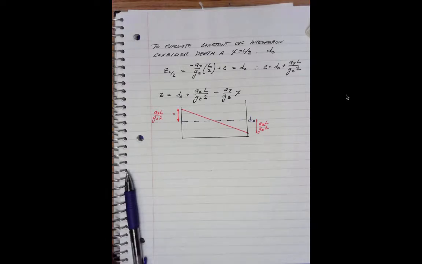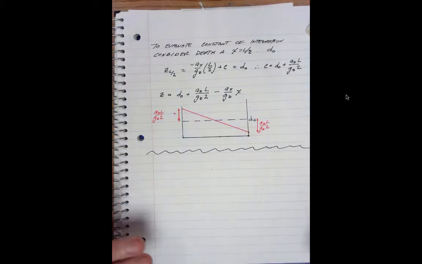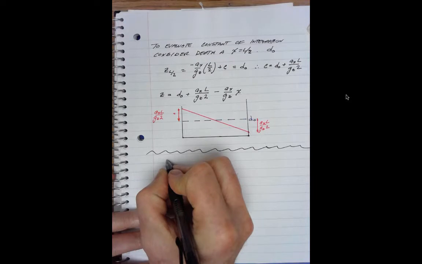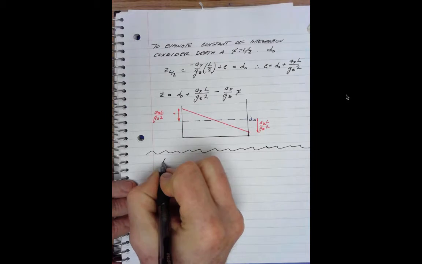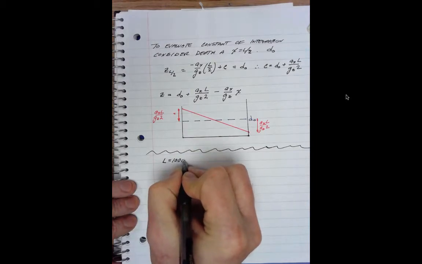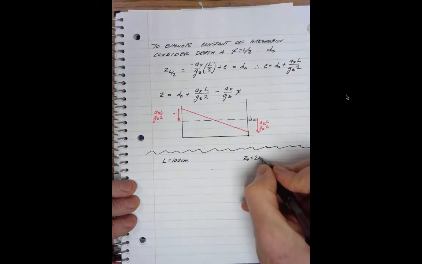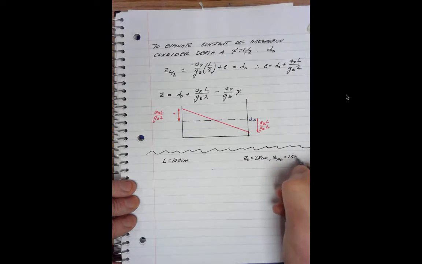We will apply this formula to the conditions of the previous problem. Okay, so what did we know in the previous problem? We knew that L was equal to 100 centimeters. We know that Z0 is 28 centimeters and Z100 is 15 centimeters.